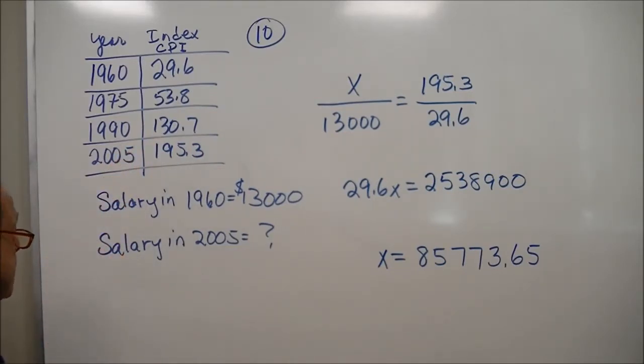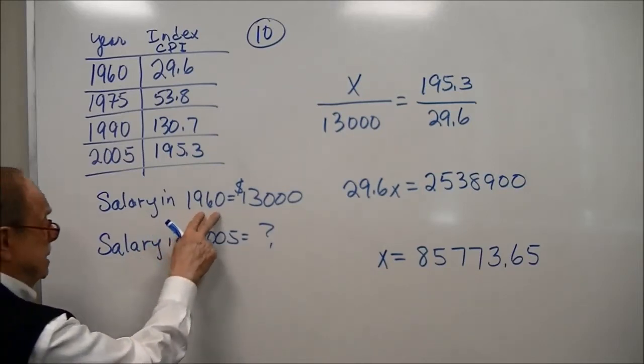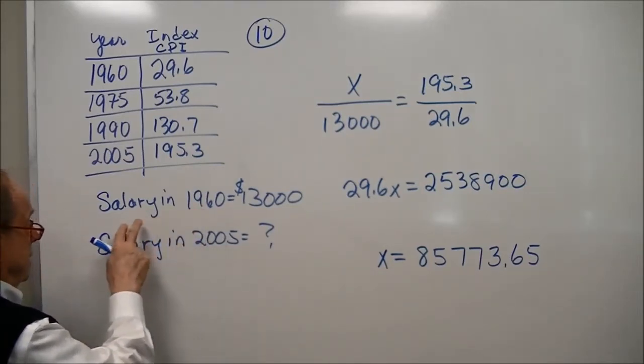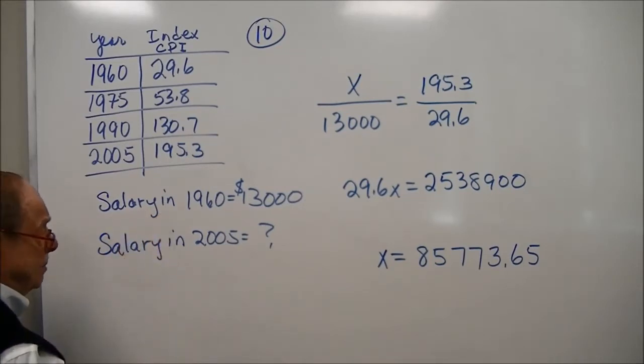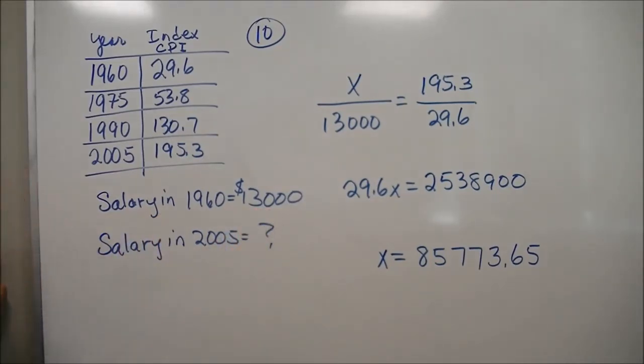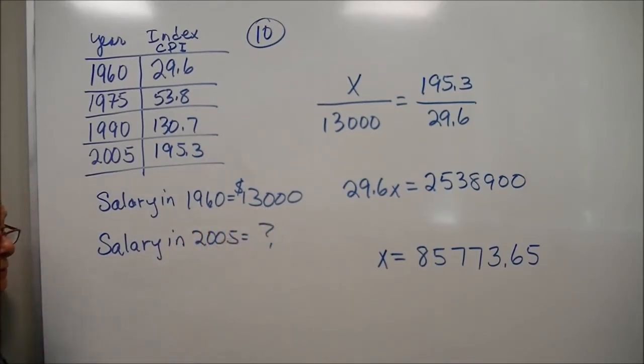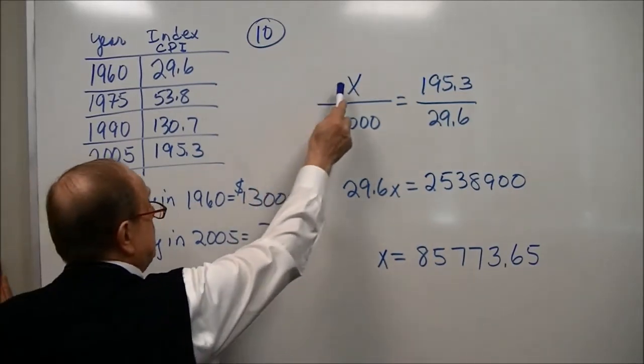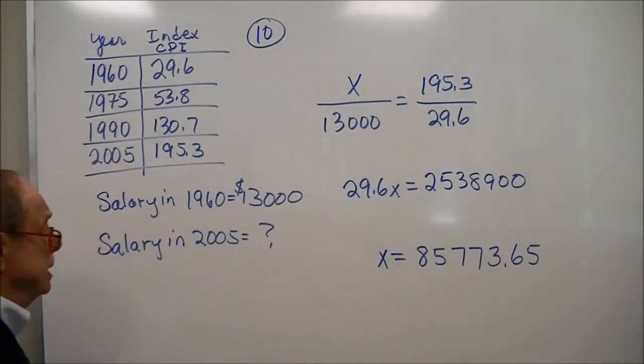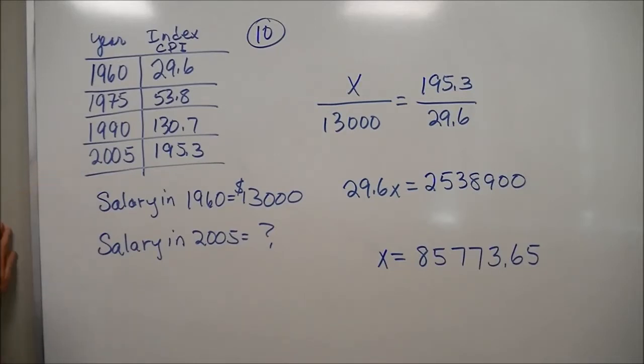So for instance, let's say in 1960, the salary earned by someone was $13,000. Now, based on the Consumer Price Index, what salary would this be equivalent to? To figure that out, you would set up what we call a proportion, where X would be your salary in 2005.